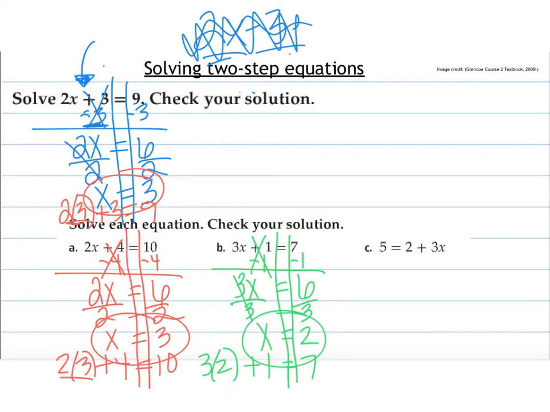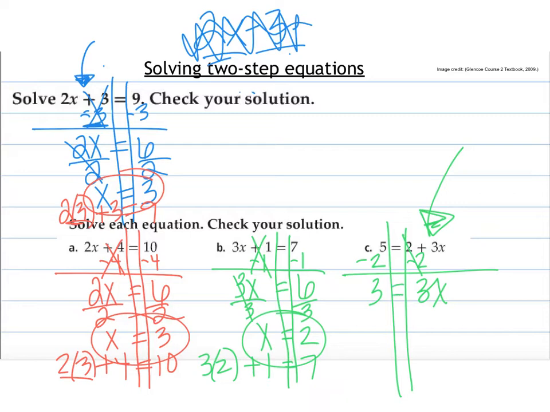All right, 5 equals 2 plus 3x. Do my slide. This time I'm looking over here because my variable is over here. And 3x, I'm not going to touch that yet, so I'm going to subtract 2 on both sides because it was being added to 2. So now I want to get rid of that 2 first. 5 minus 2 is 3. That cancels out, so I have 3x alone.